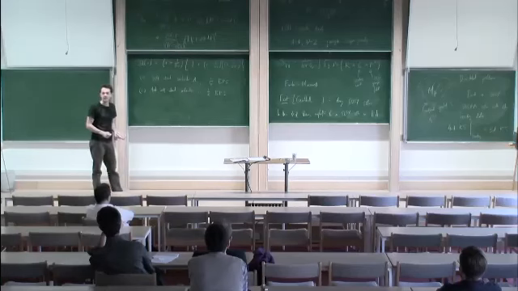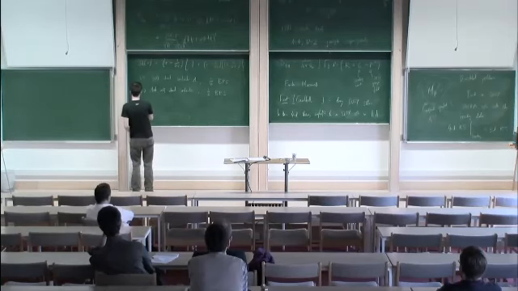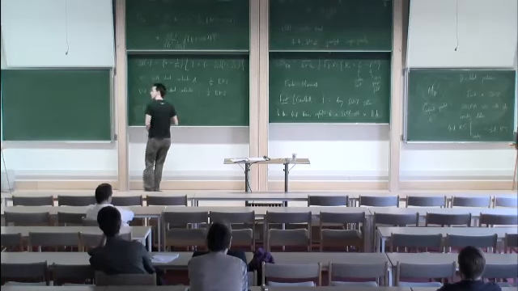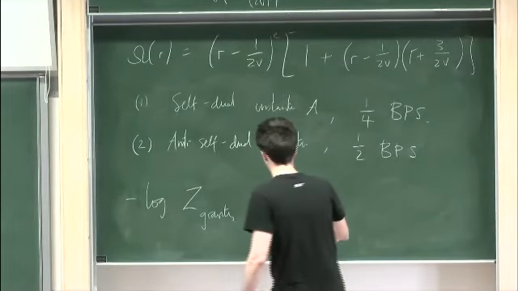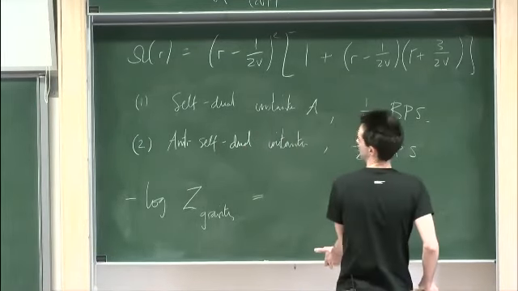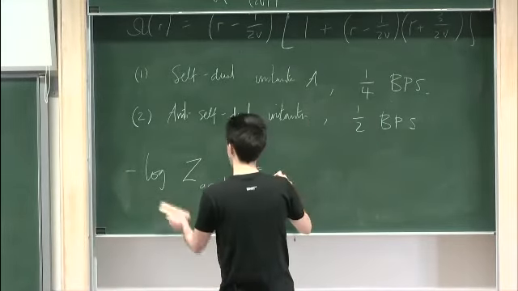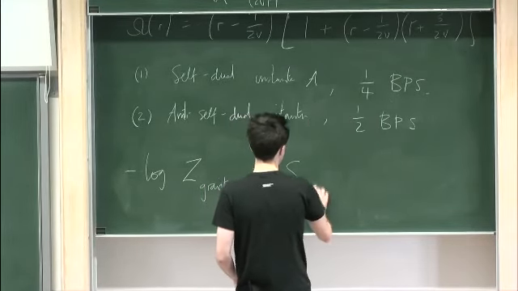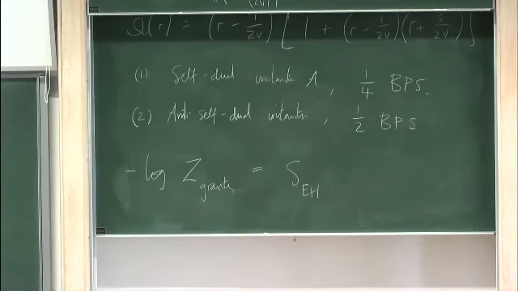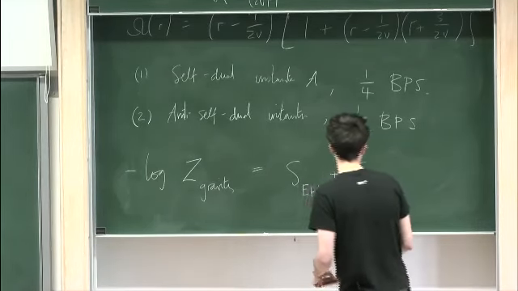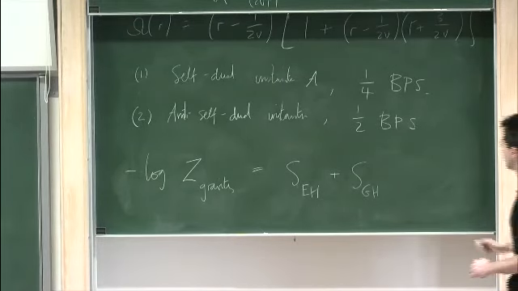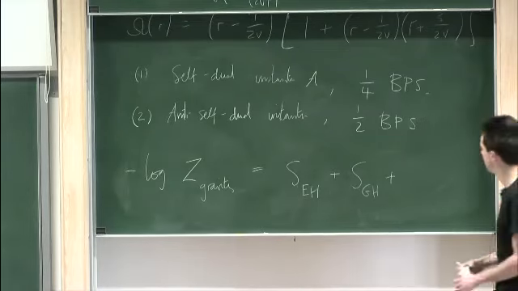Then you can compute the partition function in gravity. Okay, so minus log Z gravity. In the Euclidean quantum gravity, semi-classical limit of quantum gravity, minus log Z will be S Einstein-Hilbert, the Einstein-Hilbert action. You have to, so these are things with boundaries. So there's a Gibbons-Hawking boundary term. And as you probably know, that's not finite by itself.